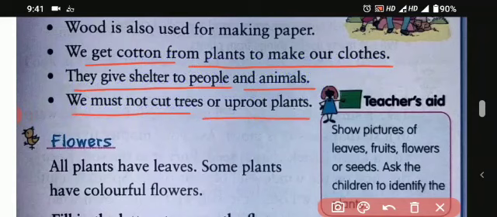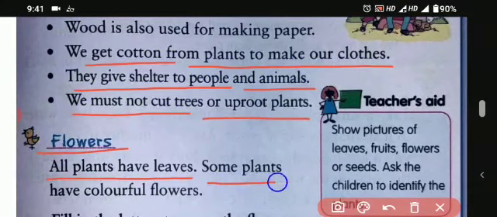So students, now we will discuss the flower. All plants have leaves. Some plants have colorful flowers. Every plant has leaves, but there are plants which have beautiful flowers.